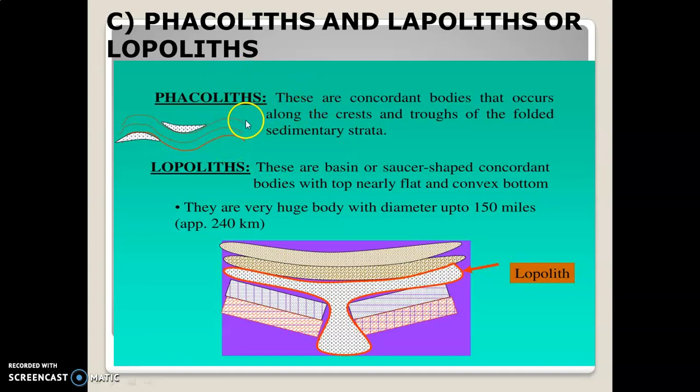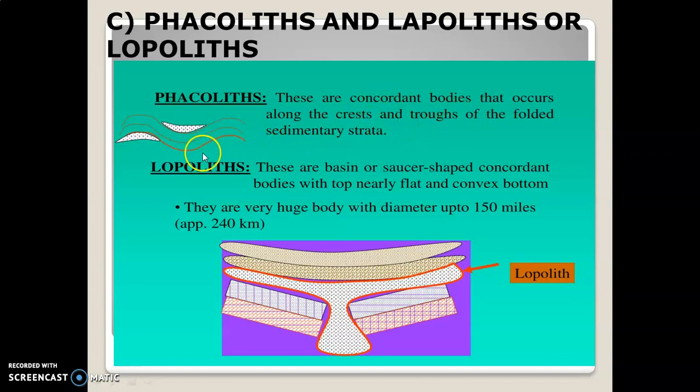So we can say when magma cools down along the anticline and syncline, at the crest and trough, then phacolith landforms are formed. These are concordant bodies. Concordant stands for longitudinal.